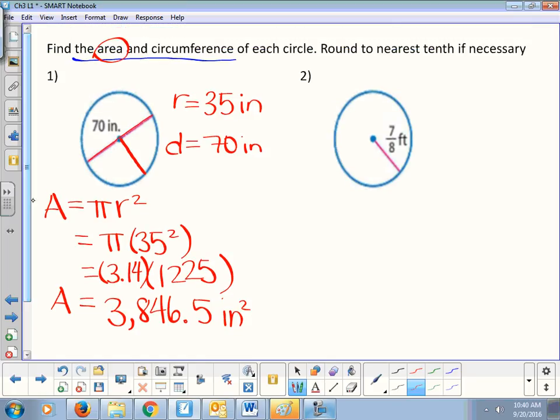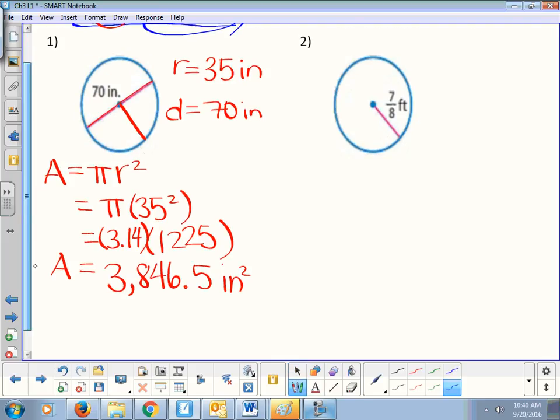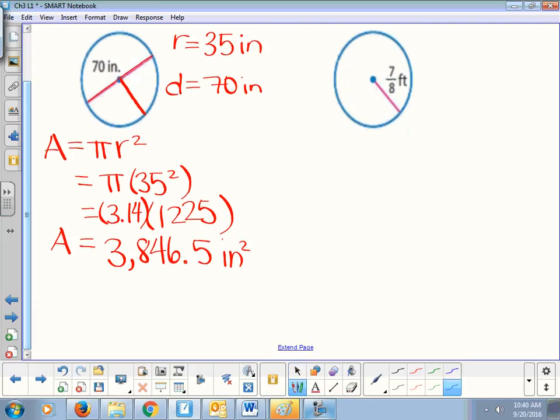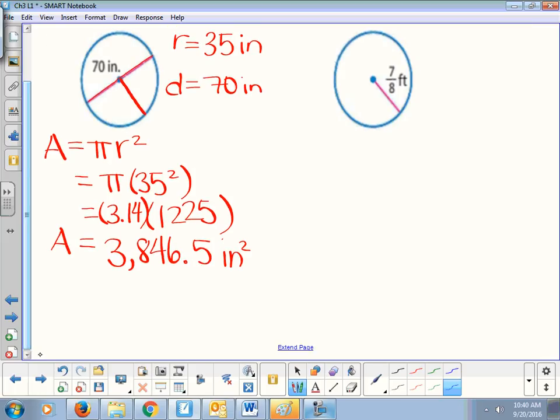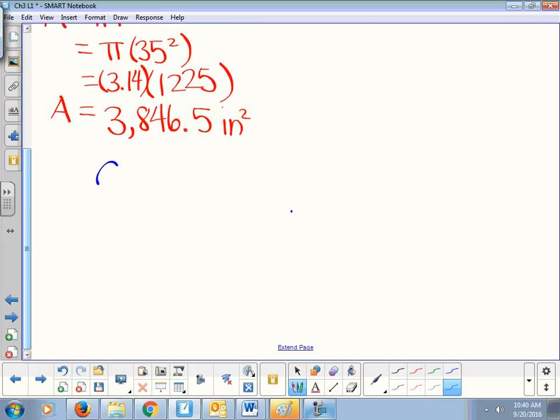Okay, can we stop here? No, we also need to find our circumference of a circle. So for circumference, which formula do you guys want to use? So pi times diameter? And for pi, what value do we use? 3.14.